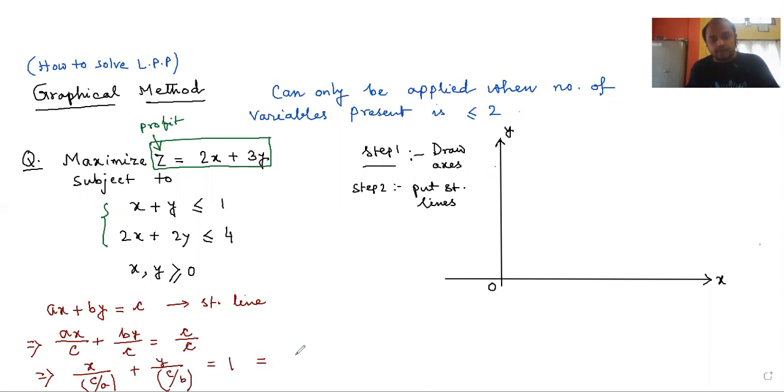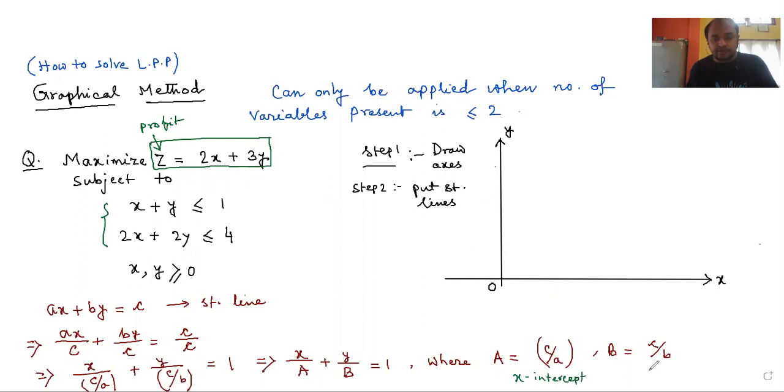You can call it x by capital A plus y by capital B is equal to 1, where capital A is equal to C by A, capital B is equal to C by B. This is called the x-intercept and that is called the y-intercept.